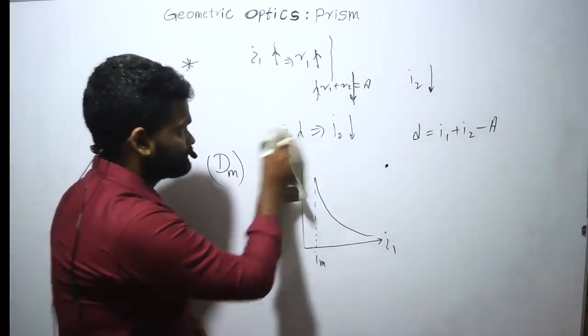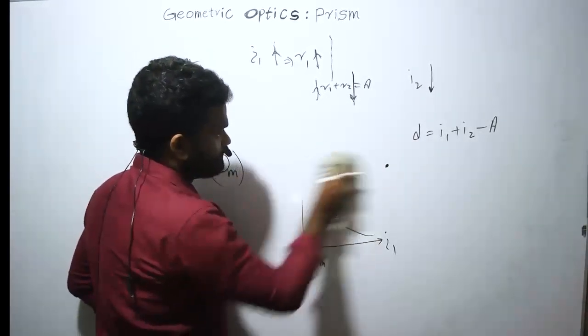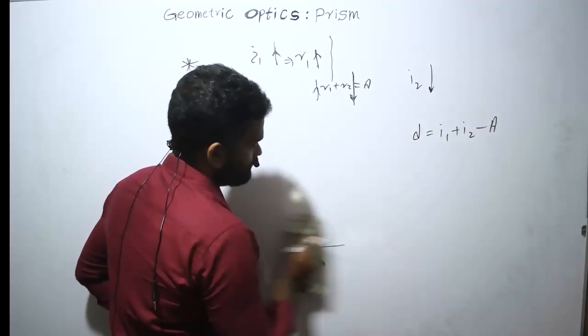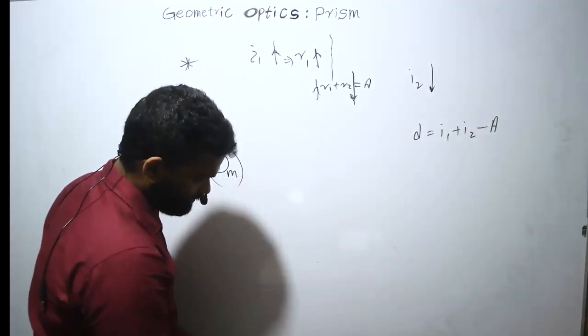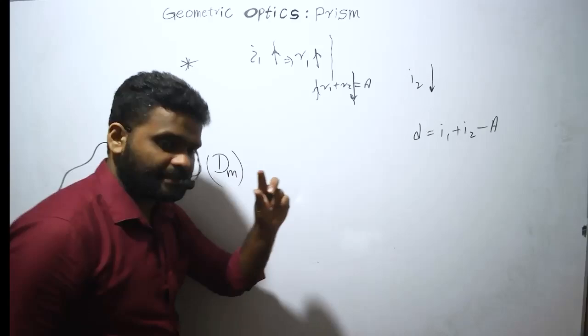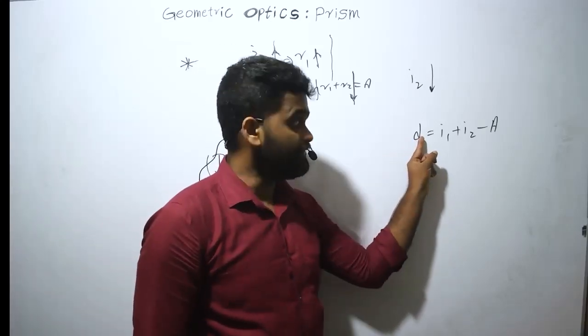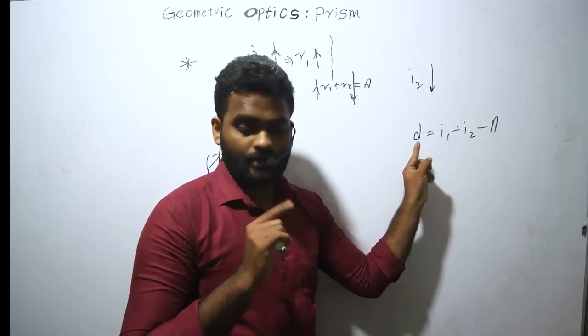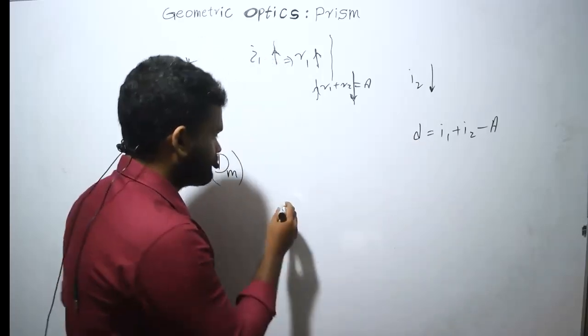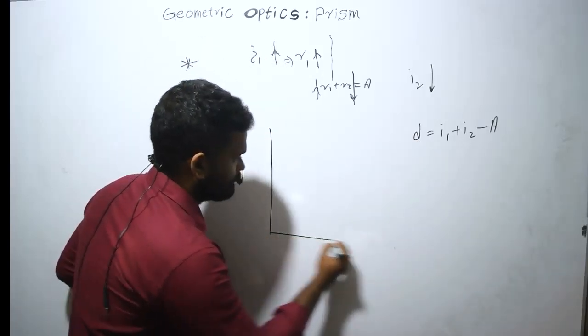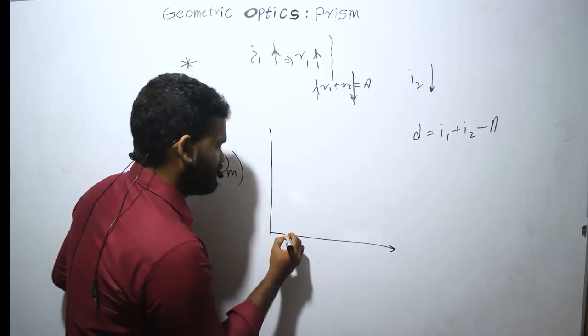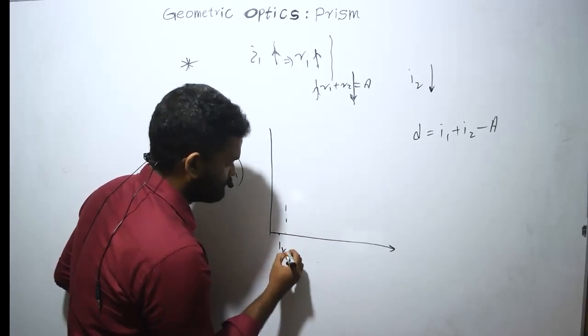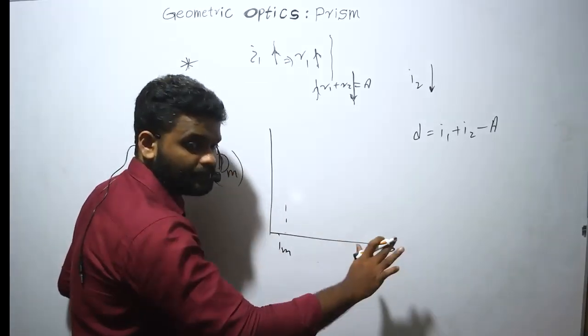Okay. So in that sentence, we are talking about deviation angle, simple d. So there's a minimum value, that is im. We are only talking about after im, right?